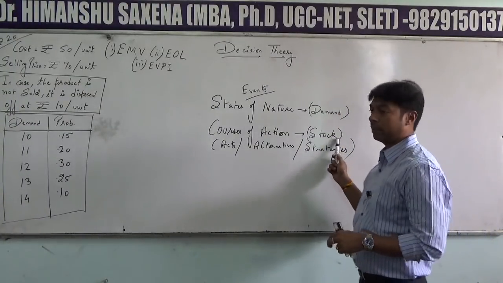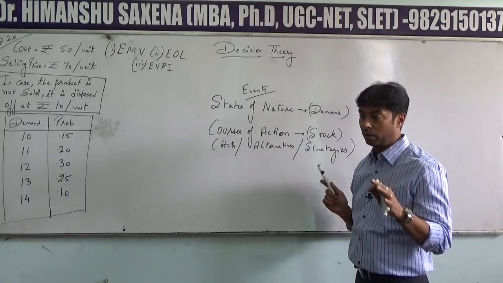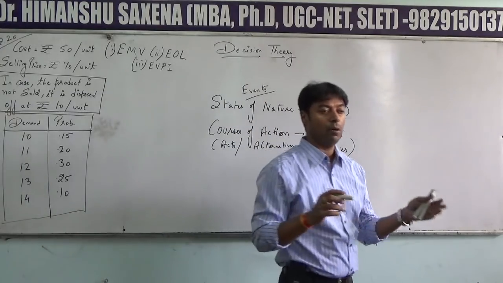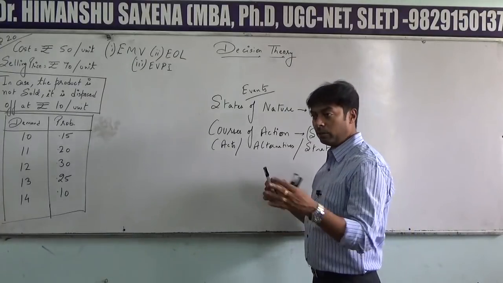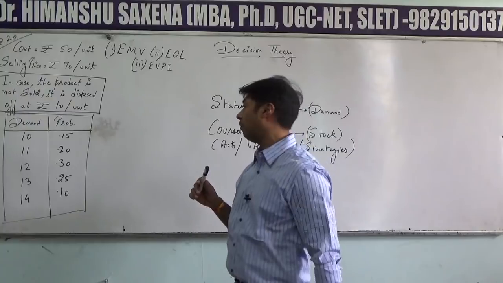For example, stock. The amount that a decision maker needs to stock, whether he wants to stock 20 units in his shop or godown, or 40 units or 50 units, that depends on him, that depends on his capital requirements as well as space availability.